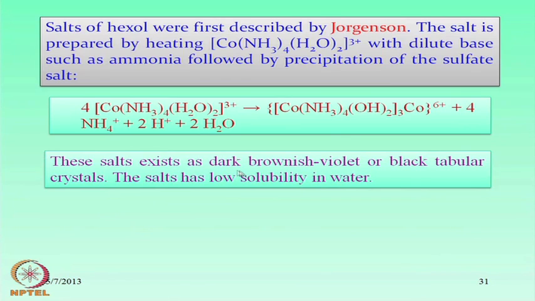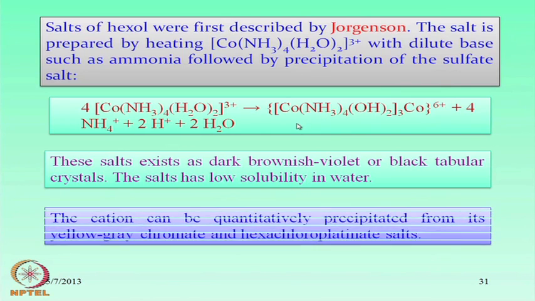These salts exist as dark brownish violet or black tabular crystals, and the salt has low solubility in water. So, how are these forming? The tetranucleation is due to the corresponding condensation reaction, and it can be isolated as yellow-grey chromate or hexachloroplatinate salts.